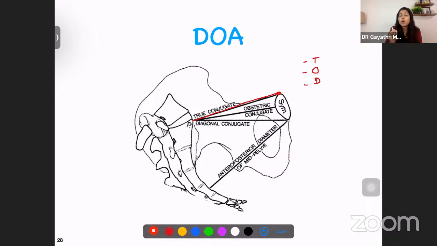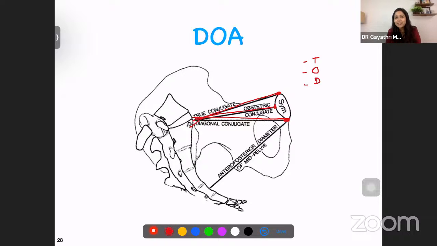Obstetric is from the most prominent part of the pubic symphysis, the midpoint, to the sacral promontory. Finally, from the lower part of the pubic symphysis to the sacral promontory, you have the diagonal conjugate. So these are the three conjugates.